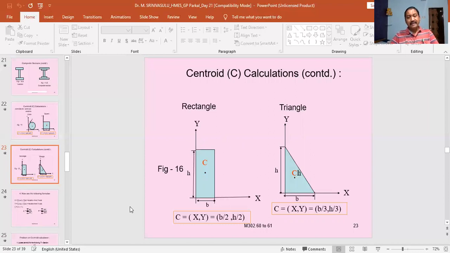So y is equal to h by 3 from the base. Then from the vertex it becomes 2h by 3. So we should not confuse. Generally, whatever value is given, it is from the x and y axes. So the x coordinate is equal to b by 3 and the y coordinate is equal to h by 3 for the triangle.